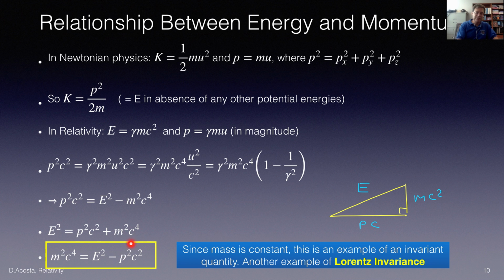And remember, this p squared is really the sum of px squared, py squared, and pz squared. So it's really subtracting three terms here to get that magnitude squared. So it's very similar in form. An invariant quantity here, it was delta s squared in the space-time example. Here it's the rest mass energy squared, which is e squared minus the three components of momentum squared times c squared. So very interesting.